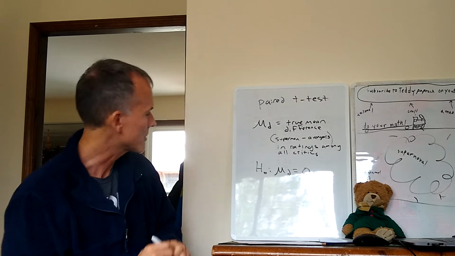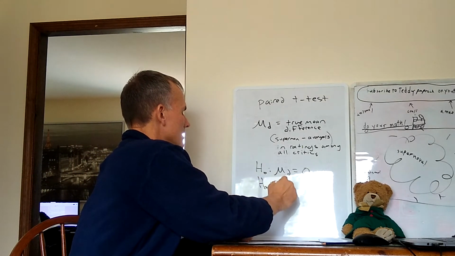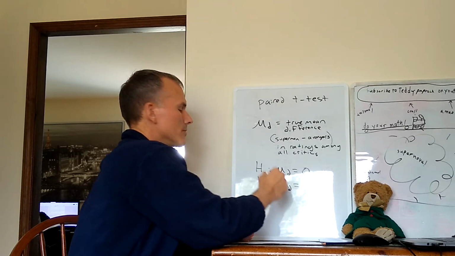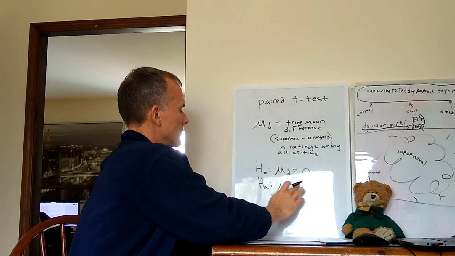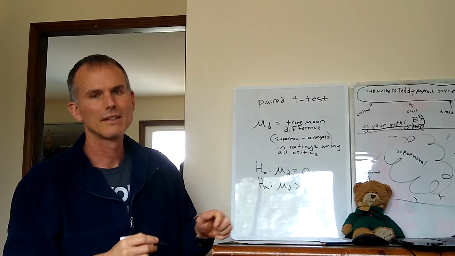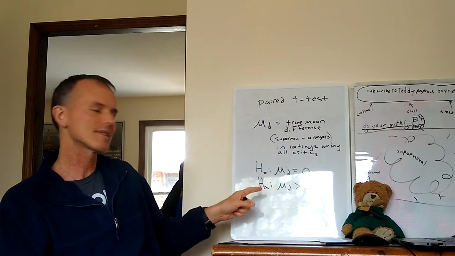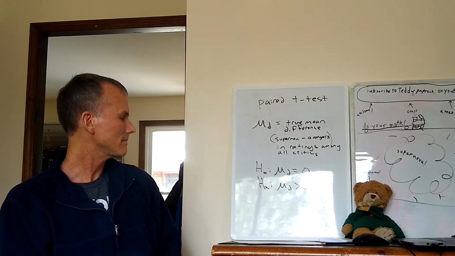Then our alternative hypothesis is that the true mean of the differences, I wrote the wrong symbol there, should be greater than 0. So I defined the parameter of interest and wrote the set of hypothesis statements.